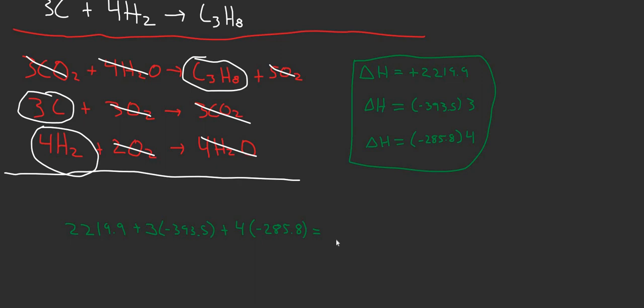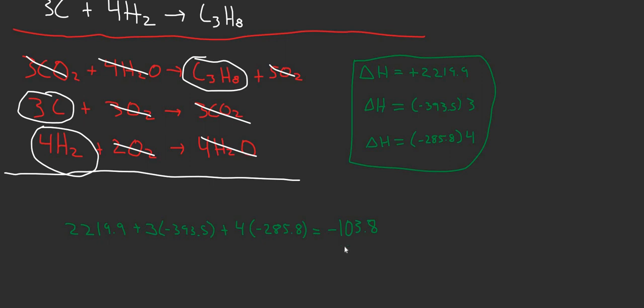So when you take the sum of these three manipulated enthalpies, you'll end up with negative 103.8 as your final answer.